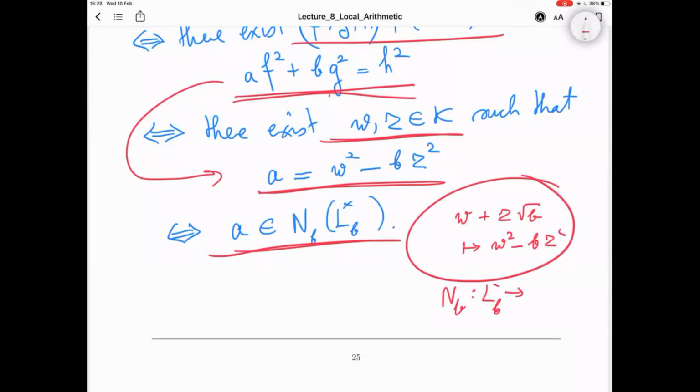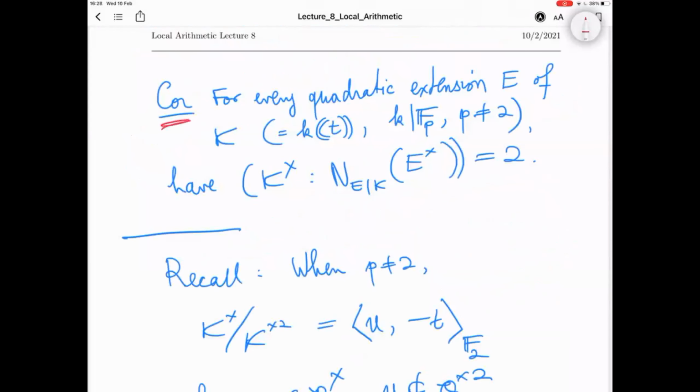Well, another corollary of this result is that for every quadratic extension E, the norm map is from E star to K star, and the index of the image of the norm map is 2. Why is that a corollary?